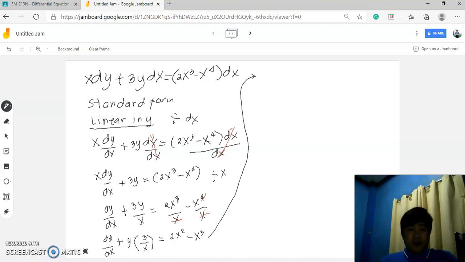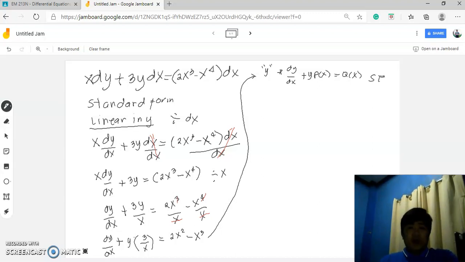So from here, we already get the standard form, because if we recall, the standard form of linear in y is dy over dx plus y, p of x, is equal to q of x. So this is the standard form.